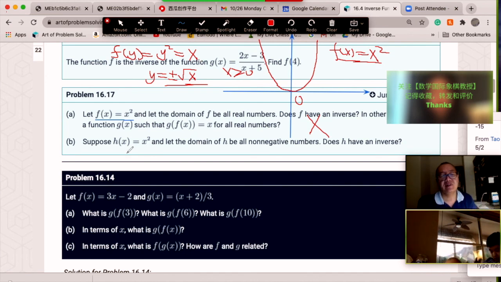B, suppose h(x) equals x squared, and let the domain of h be all non-negative numbers. That's exactly, you limit x greater or equal to 0 to this part. Does h have a reverse? Definitely the answer is yes. Then you get that the reverse will be like this.